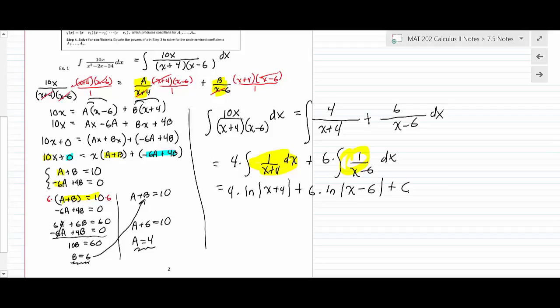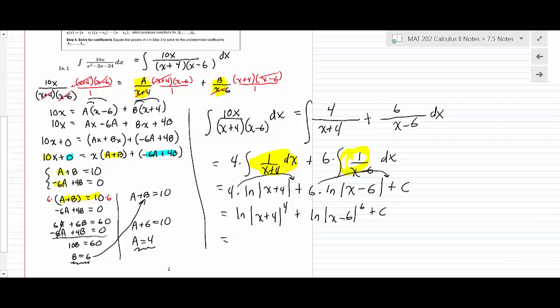There's a few other things you can do just with properties of logs. Does everybody follow that okay? Now if you're dealing with logarithms, remember you can bring the 4 up, you can bring the 6 up. We're just going to do a couple of log properties. We'd end up having ln of x plus 4 to the 4th plus ln of x minus 6 to the 6th plus c.